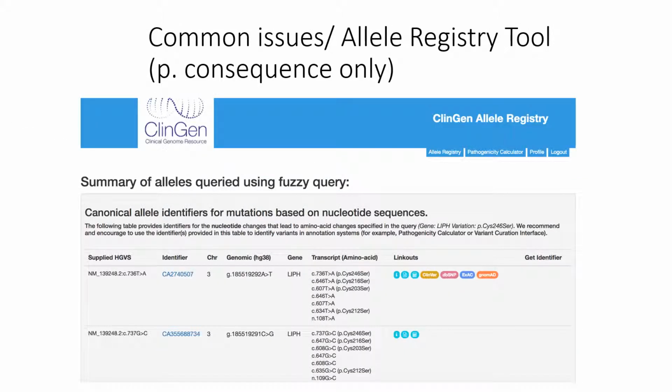So what we're going to find is that we actually have 2 different alleles that could conceivably be causing this cysteine to serine change at amino acid 246. So the first that is identified is the one that we had identified previously, using the amino acid codon chart to sort of infer the variant change at the cDNA level.